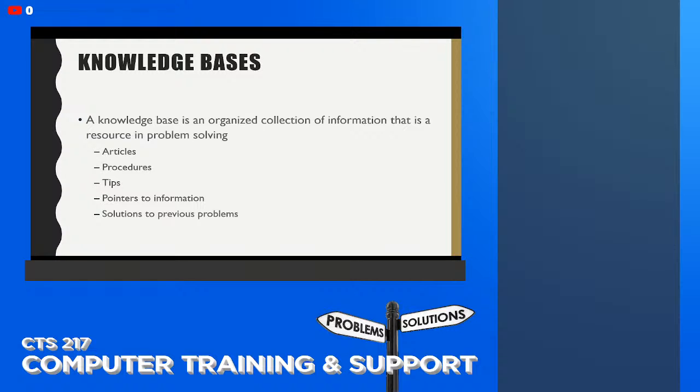But this also includes internet articles, tech manuals, pointers to information, just finding people solving problems online, like on Stack Exchange, or just people asking questions wherever, right?